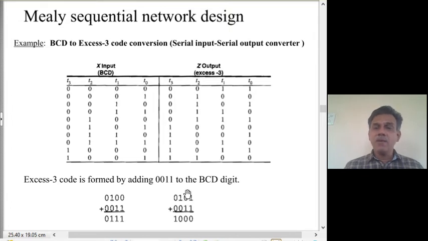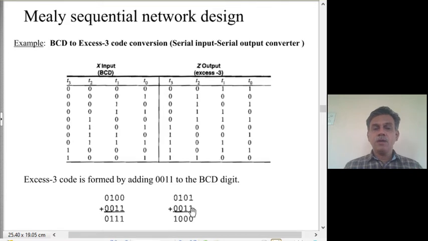So, at any given bit addition, there may be a carry bit that needs to be taken into account. So, in general, we can tell there can be a carry bit that may be required to be added along with the input bit and the bit to be added.